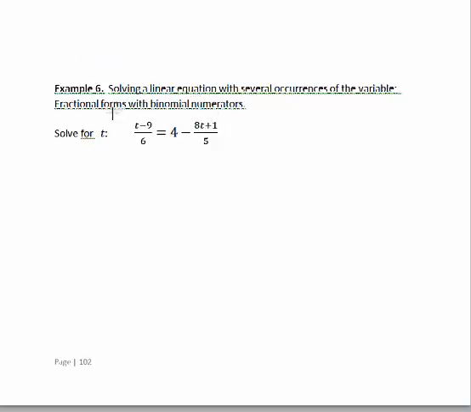We treat this as we did the previous problem. We have fractions, and so the first thing we want to do is get rid of them.